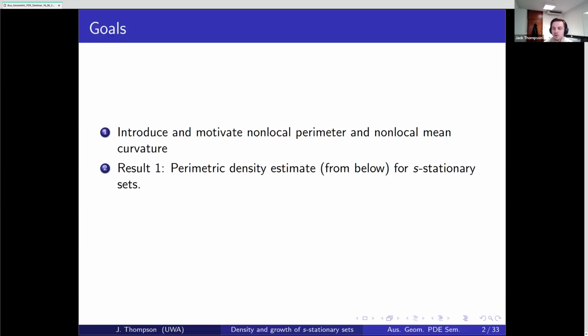And then I'll talk about my first result, which is a perimetric density estimate from below for S-stationary sets, whatever these are. And then also a non-local half-space theorem in the plane, which is related to, I guess, the growth of S-stationary sets.